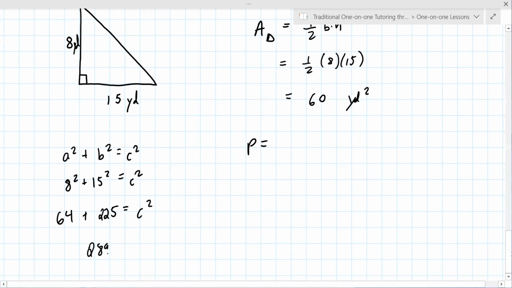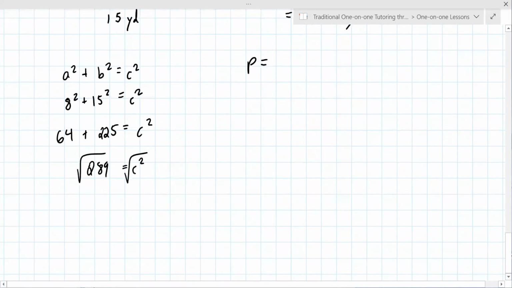And it is a perfect square. What is the square root of 289? 16. Not 16. Try again. It's close.